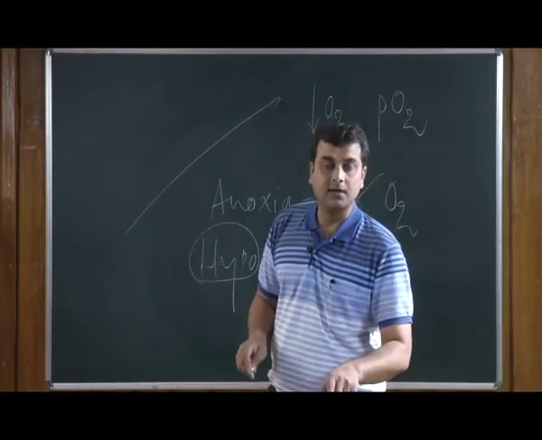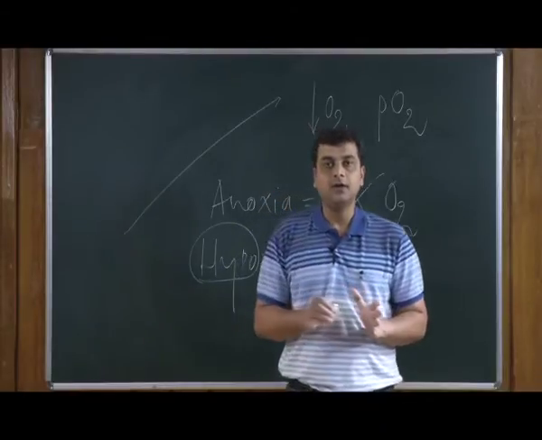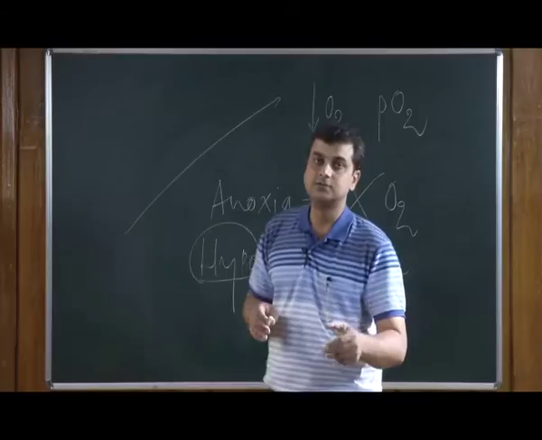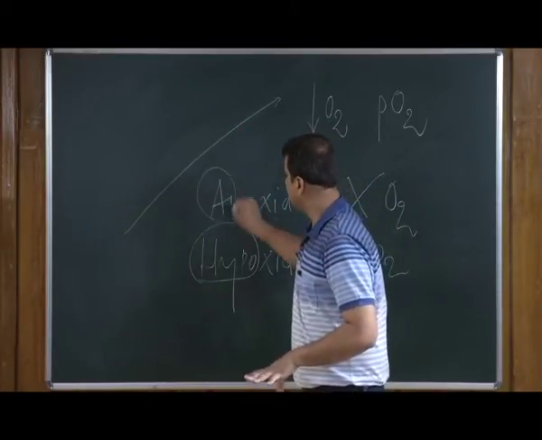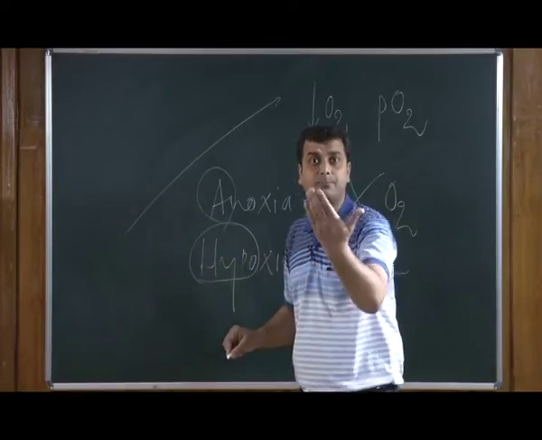Asphyxia is another terminology. Here I just included, if the body is deprived of oxygen, if the body does not have enough oxygen concentration, we simply call it asphyxia. This is not to be confused, because a lot of terminology is coming one by one. So, the root word is very important. Hypo means less, anything hyper is more.